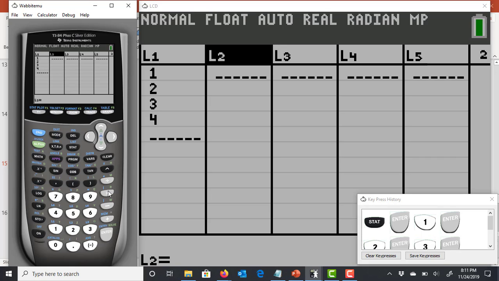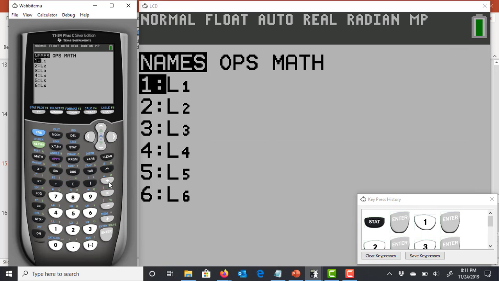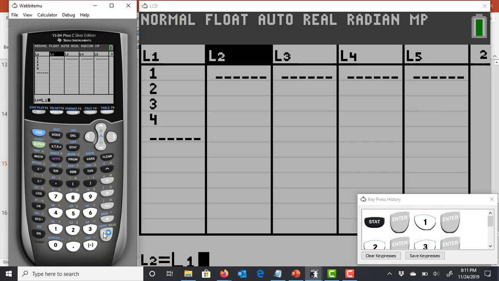So in order to find those midpoints, we could take whatever the value is of L1, right? So we would need to go for this second stat, hit L1, and we want to subtract from that 0.5 in order for us to get the midpoint of each of those rectangles.